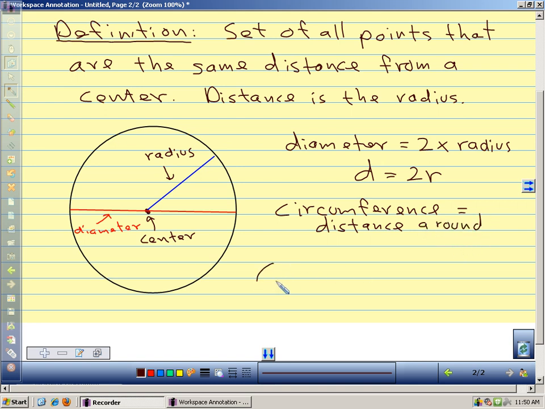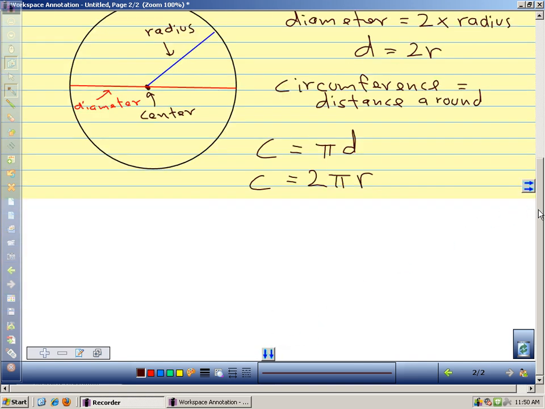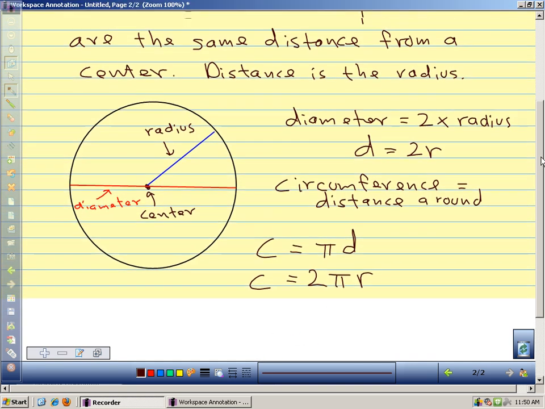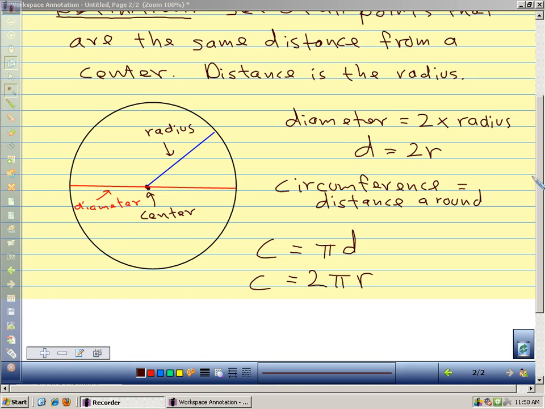And the circumference equals pi d, or if we want to write it with the radius instead of the diameter, we can write 2 pi r. So this is going to be the formula that goes in your flip book. The circumference is pi d or 2 pi r, depending on whether we want to use the diameter or the radius to find our circumference.